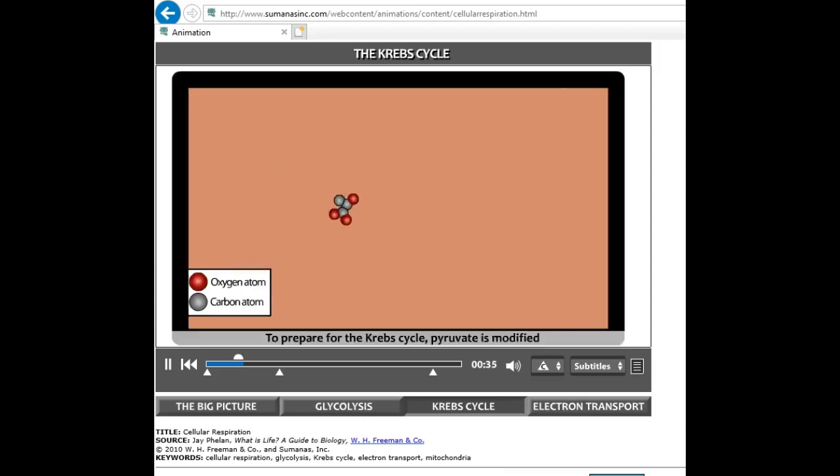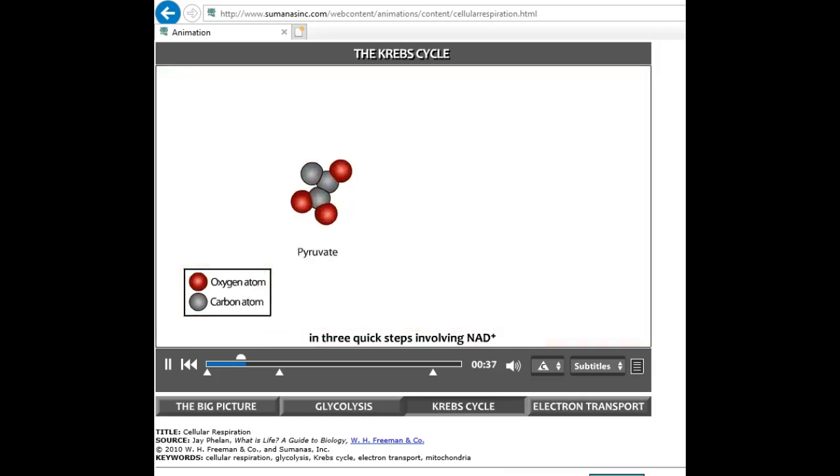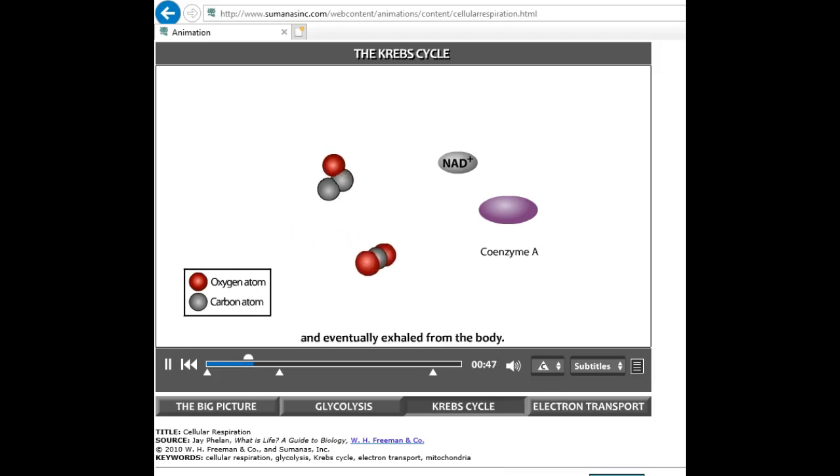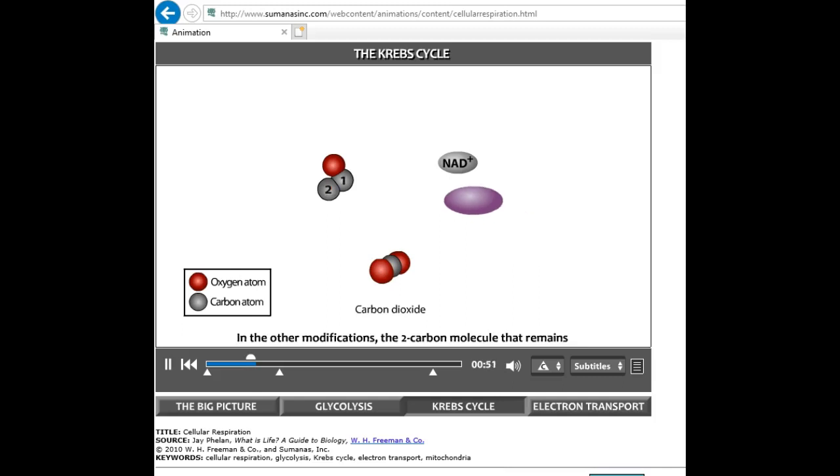To prepare for the Krebs cycle, pyruvate is modified in 3 quick steps involving NAD+ and another molecule called coenzyme A. In one of these modifications, carbon dioxide is released from pyruvate and eventually exhaled from the body. In the other modifications, the 2-carbon molecule that remains is attached to coenzyme A, while a proton, also called a hydrogen ion, and high-energy electrons are donated to NAD+, yielding the high-energy electron carrier NADH.